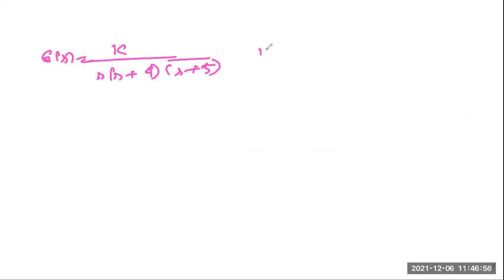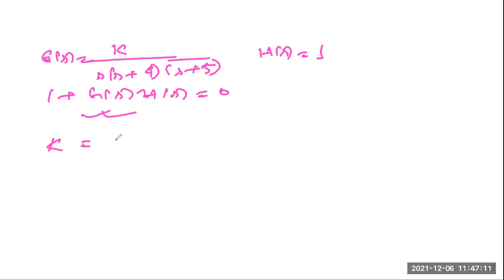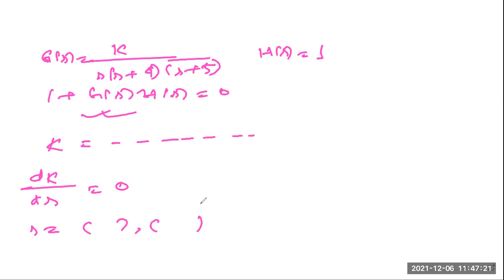And H(s) equal to 1. So your characteristic equation will be 1 plus G(s)H(s) equal to 0. So you substitute here, then you will get something. Then you have to calculate K. Then you have to do dK/ds equal to 0, and from that, you have to calculate the value of s. Please tell me what is the value of s?